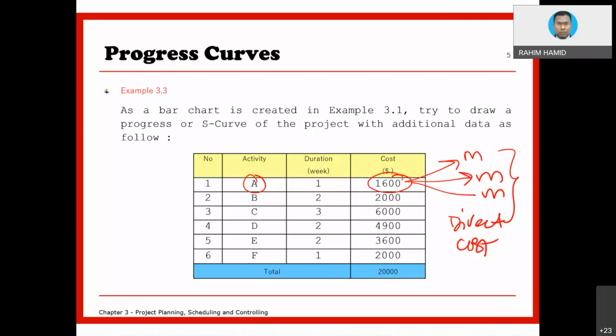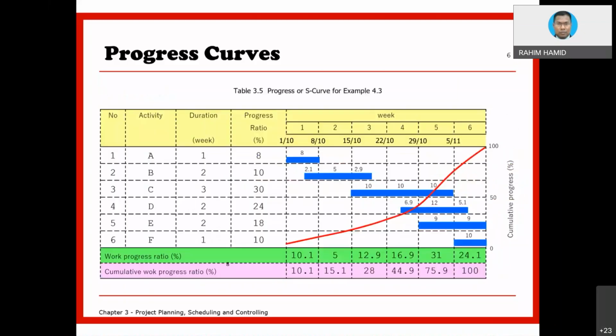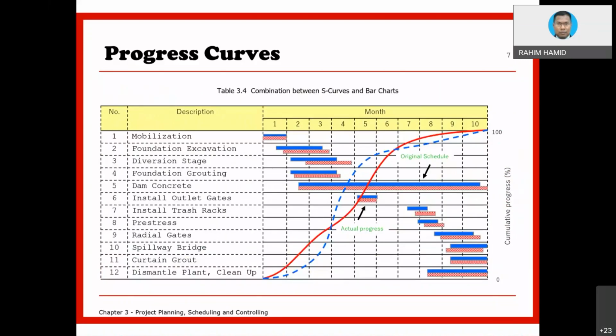Normally, what you put into the activity list is a big thing that requires man, machine, and material. Eventually, you know the cost to execute one particular activity. And once you know the cost, you can come up with what we call the financial S-curve. The financial S-curve might look like this. The red one, it doesn't matter.